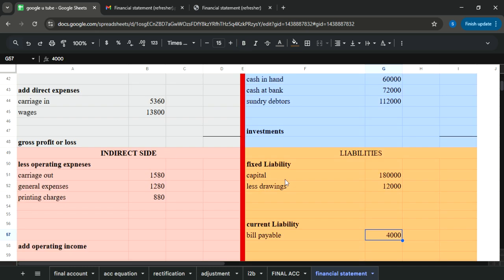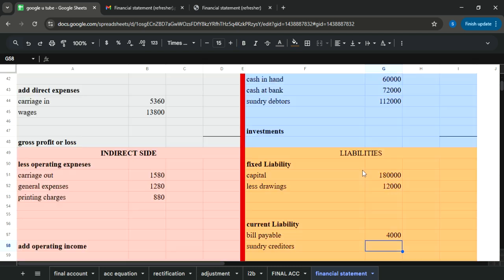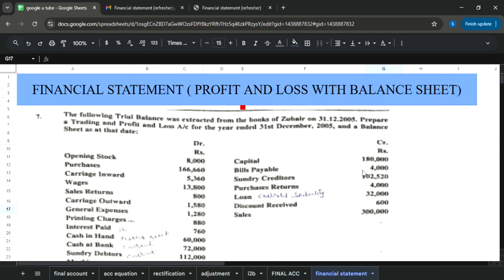It is again part of current liability. Creditors, persons to whom amount is payable. So it is liability. Creditors 102,520. We will have to take very much care. 102,520. Let's confirm it again.